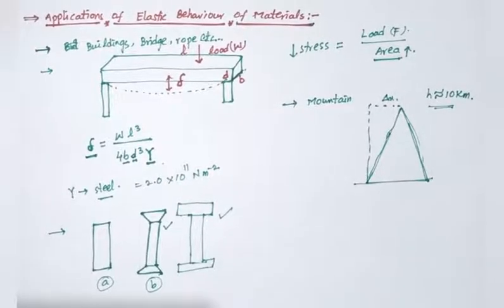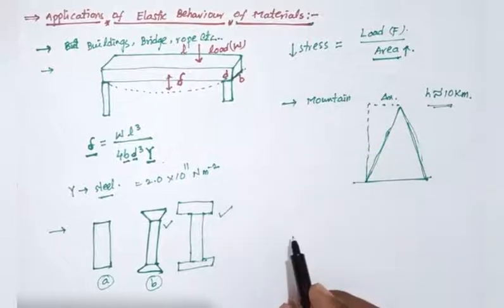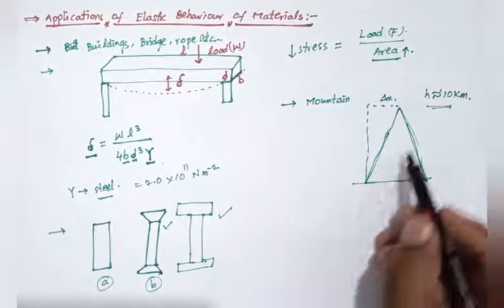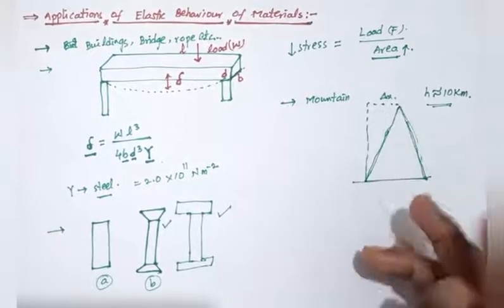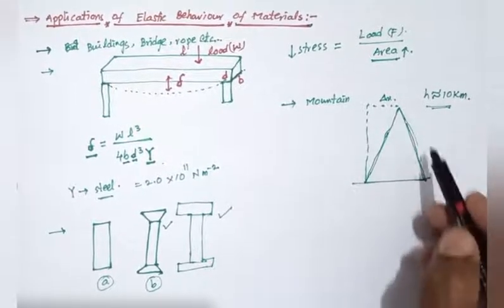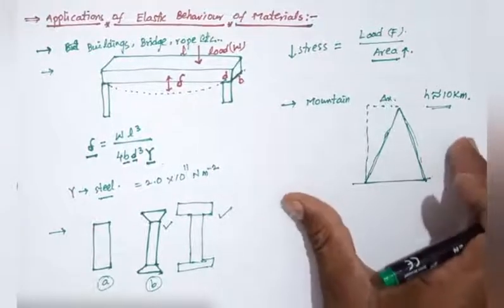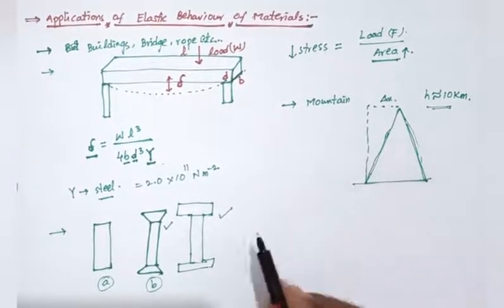So why is the maximum height 10 kilometers? We can explain it using a certain equation, the elastic limit of a typical rock. All mountains consist of rock.